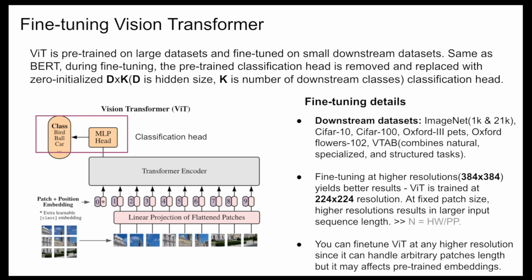At a fixed batch size, high resolution results in a larger input sequence length, as we saw in the formula for effective input length N. You can fine-tune ViT at any higher resolution since it can handle arbitrary sequence lengths, but it might affect the pre-trained embeddings. You can read the paper for more fine-tuning details, but this is the main important thing to know for fine-tuning ViT.